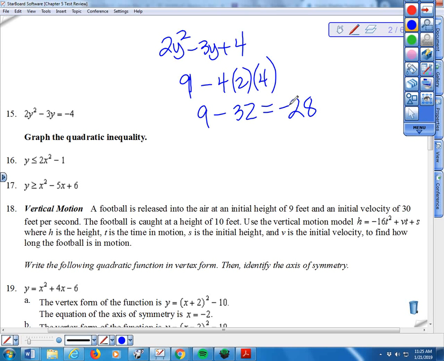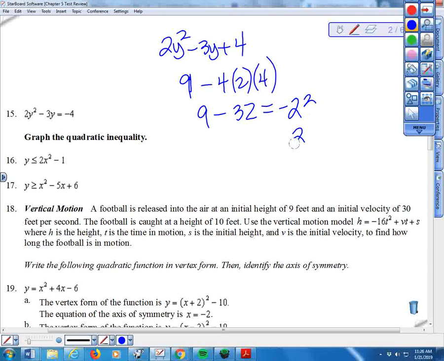Which is negative 23. Because it's negative, it tells us there's two imaginary solutions. Questions on that? So all you need is b squared minus 4ac to solve those problems.